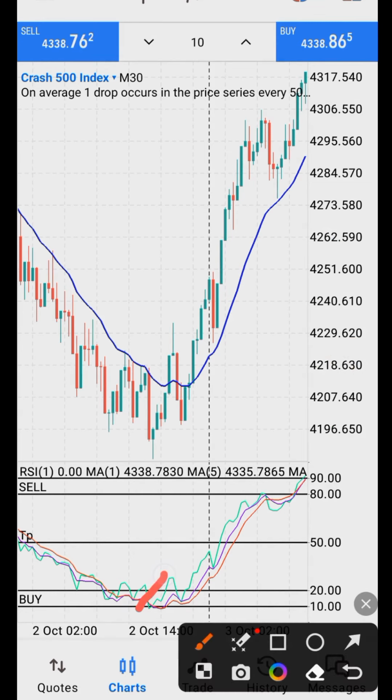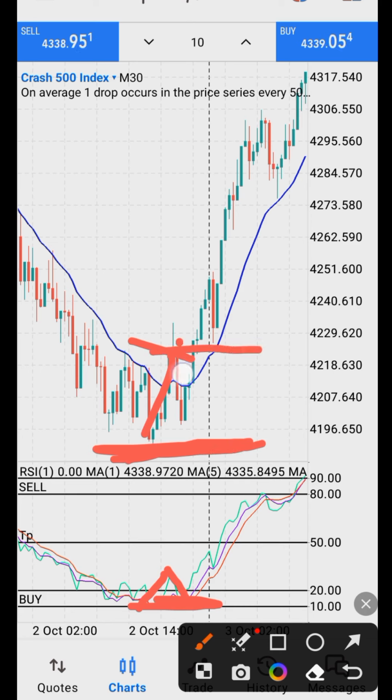Then it comes back into this region. That is where you'll be waiting for your buy. Then once you see this candle, you enter for buy. This is where your stop loss should be, because this is the immediate structure. So once you place your buy here, you see this little pullback, then a big profit, a bigger one.